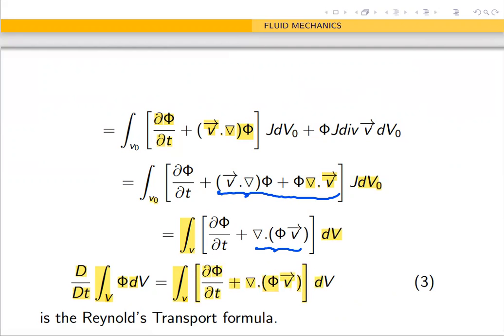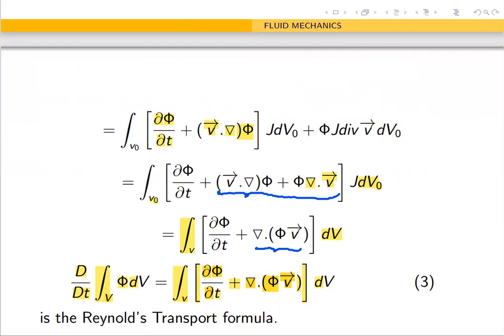Fine. So this is called the Reynolds transport formula. This holds for any scalar function φ related to the continuum, or related to the motion of the continuum. Now this volume integral is for both the terms, the first term and also the second term. If you take the volume integral of the second term, you have the volume integral of the divergence of φv.